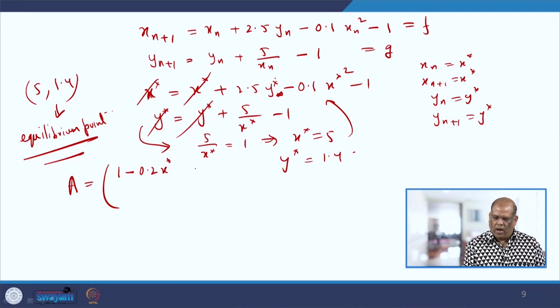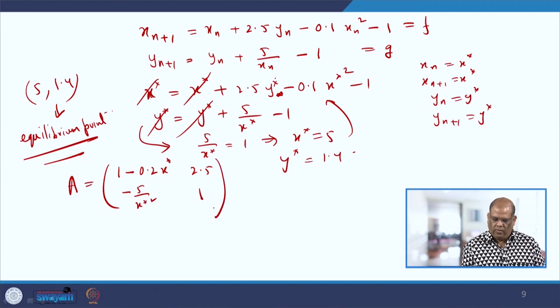With respect to y, this is 2.5, then g with respect to x is minus 5 by x star square, and with respect to y, this is 1.